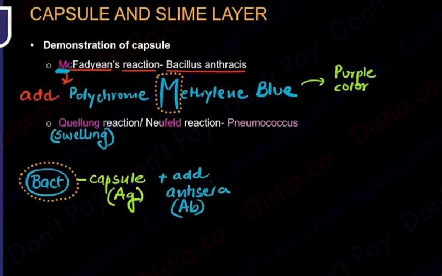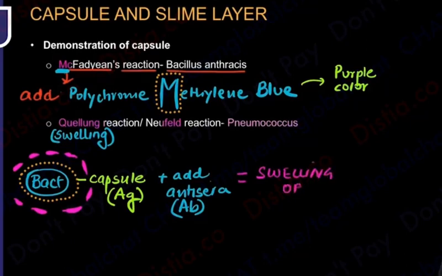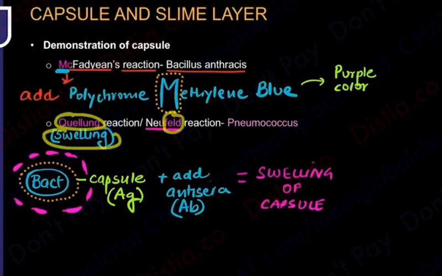Will that result in the swelling of this capsule? This capsule will end up swelling. That is important. So please note that when they talk about swelling of the capsule, they are talking about which reaction? Swelling for Quellung. Easy. And I also call it the Neufeld; how I have learnt it is fela hua capsule. So Quellung is the swelling of the capsule and Neufeld means fela hua, bigger capsule.